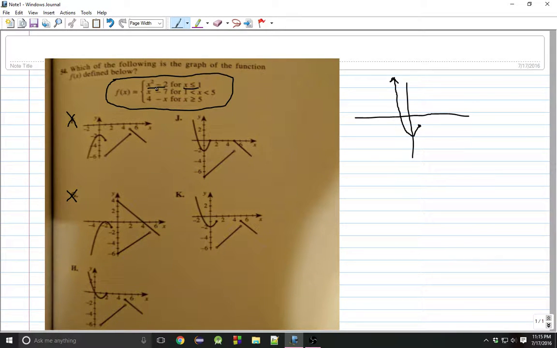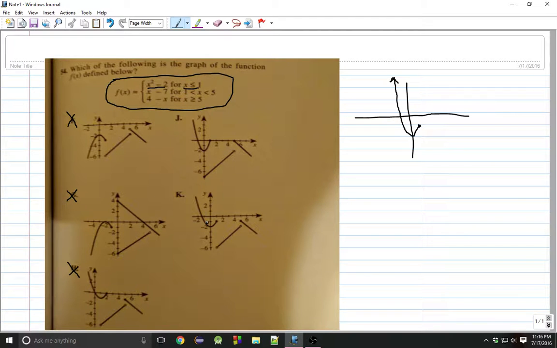Which of these does not have x squared minus 2? Well, you can eliminate H, because this parabola is not x squared minus 2. In fact, it only goes down 1, so it can't be minus 2. If it was minus 2, it would go down 2. So that makes no sense. So we're left with either J or K.